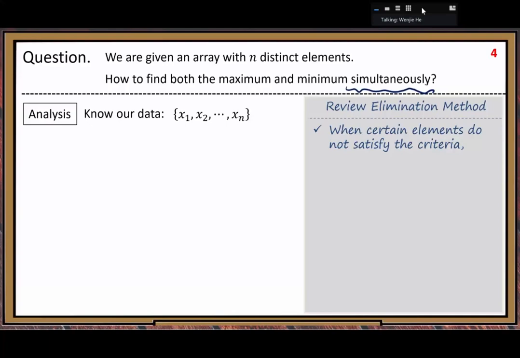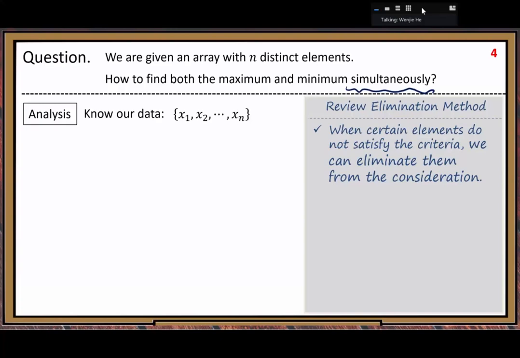Later we need to do a lot of questions regarding the median, finding the median. If certain elements have no chance to meet that given criteria, then we can eliminate them from the consideration. Take away. Remove from consideration.